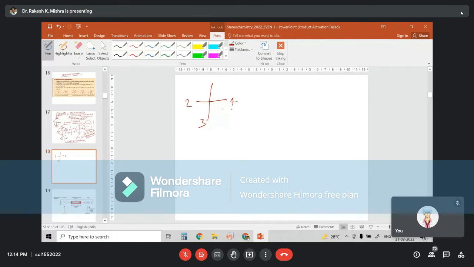This is one, called the Fischer projection. Another one you must have seen: you can represent with the solid bond and the wedge bond. These are the two, solid and wedge. These only we will talk about here, because other ones would be very difficult to understand and would make you confused and complicated. So what I sometimes do, I rotate this one.